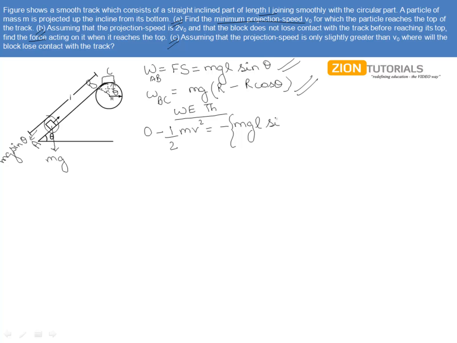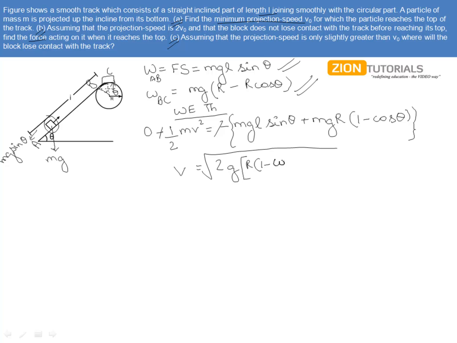So it is mgL sine theta plus mgr into 1 minus cos theta. Cancelling the minus sign, we get the velocity being under root 2g into r into 1 minus cos theta plus L sine theta.